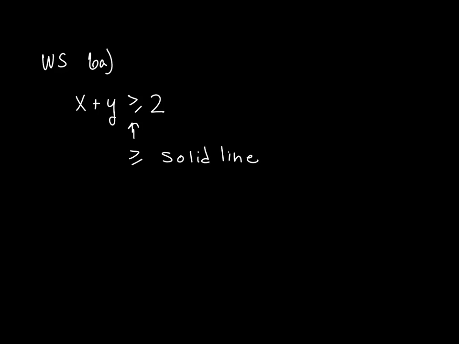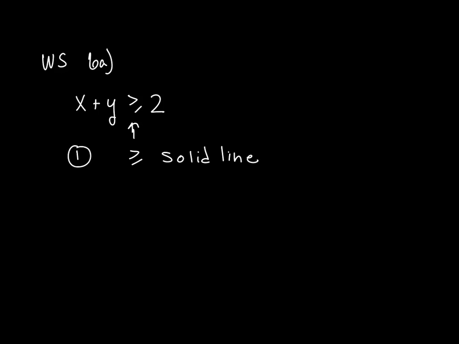If I look at 6a, the worksheet has x plus y is greater than or equal to 2. So as soon as I see that this symbol is both greater than and equal to, I know I have a solid line. That's the first step.